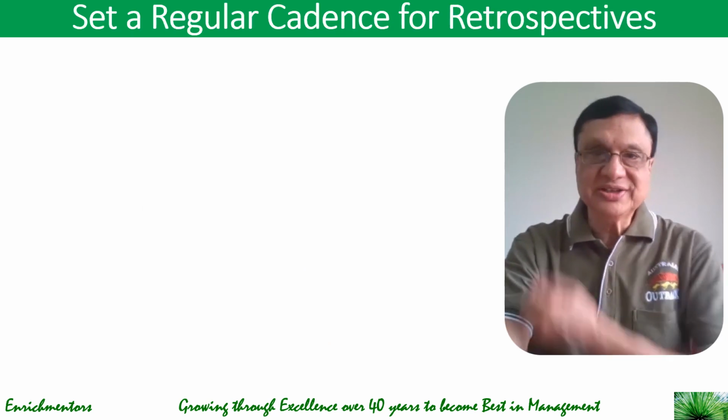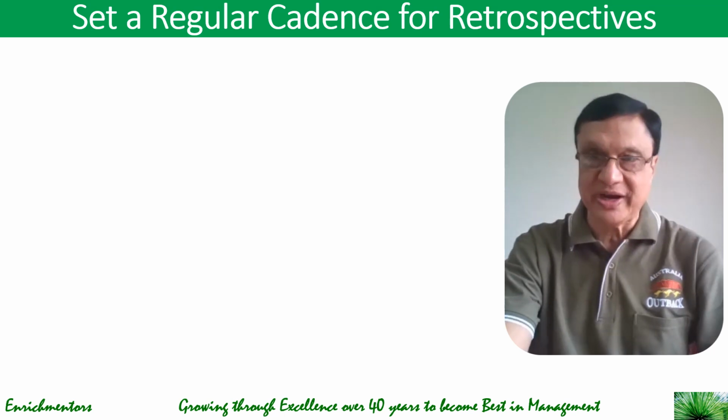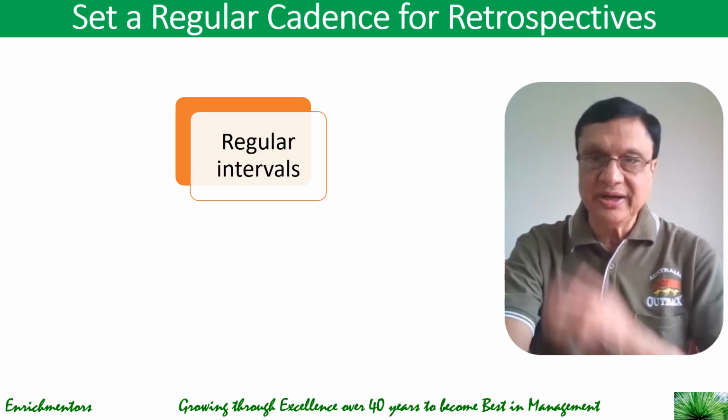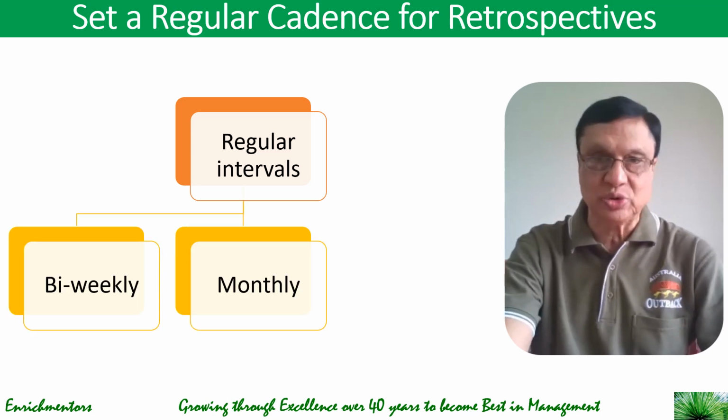First thing is to set a regular cadence or schedule of retrospectives. Hold retrospectives at the end of each sprint or project cycle to encourage continuous reflection and improvement. Schedule retrospectives at regular intervals, which could be bi-weekly, monthly, or after major milestones.